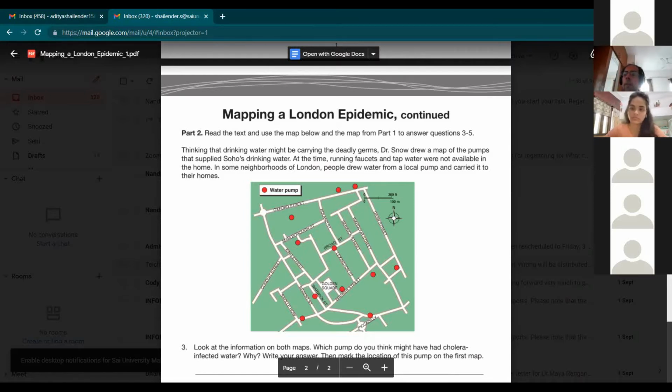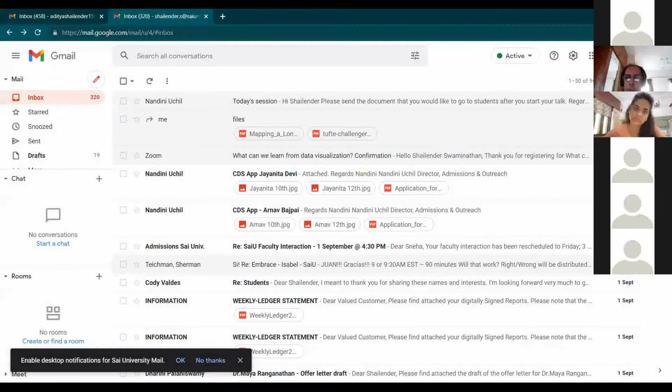Hello, sir. I think there might be some problem with the resident near that Broad Street water pump, sir. Assume that one usual day, maybe he might have spread all the infection in that area. I think it's resident's problem. So wait a second. That certain resident. So Keshav, when you say he or she has spread the infection, are you suggesting that water is not the cause of the problem?